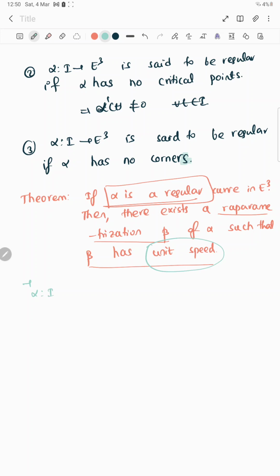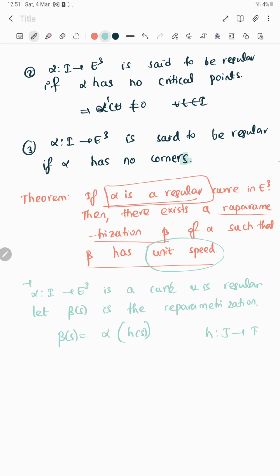We have a curve alpha from I to E3 which is regular. Let beta of s be the reparameterization of alpha. Since beta is a reparameterization, we can write beta of s is equal to alpha of h of s, where h is a differentiable function from an open interval to the open interval I. With the help of h we will reparameterize alpha, and alpha is from I to E3.